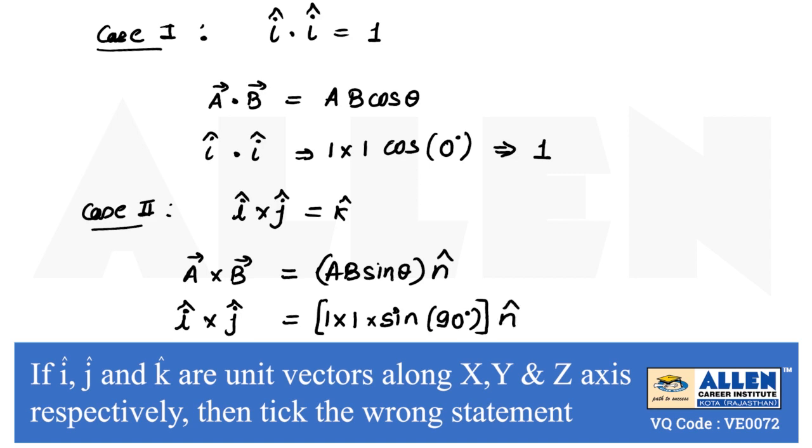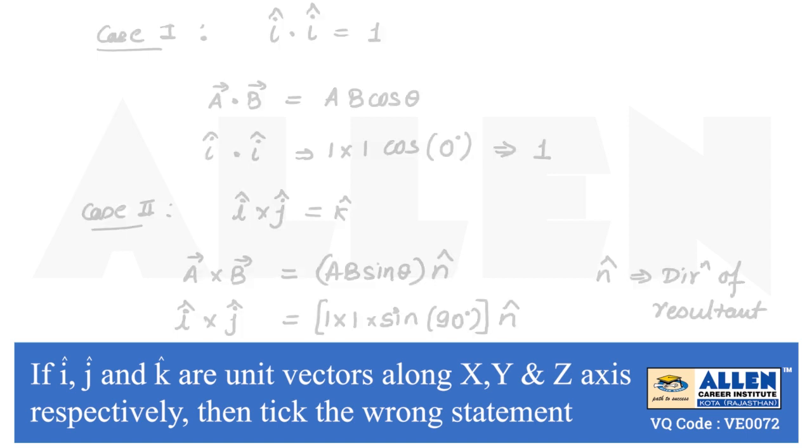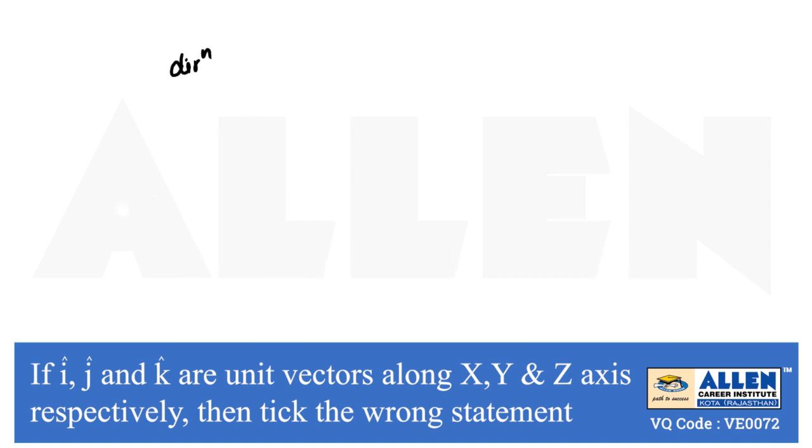Now we will talk about n cap. N cap represents the direction of the resultant, and it can be determined by the right hand thumb rule.